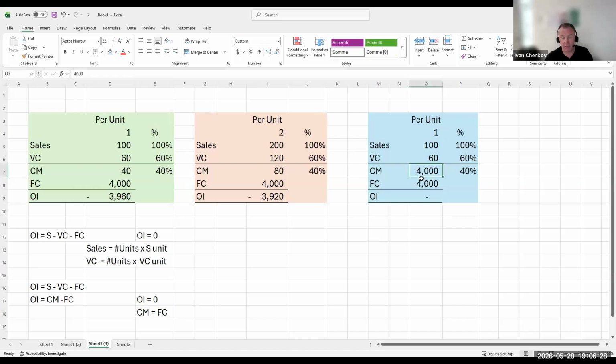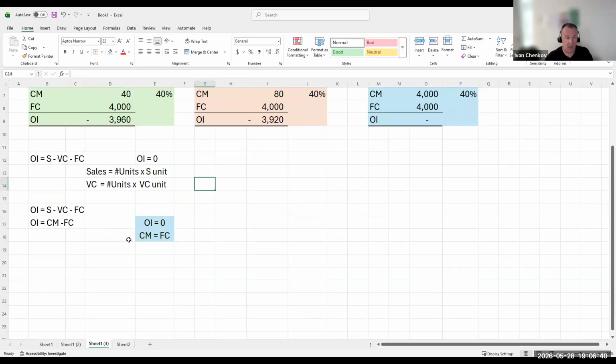Once my contribution margin covers my fixed cost, then I'm on break-even. And that's what we're going to build now. Now, what we're trying to find out is, once you're on the break-even, how many units I need to sell, and how much should be my total sales.